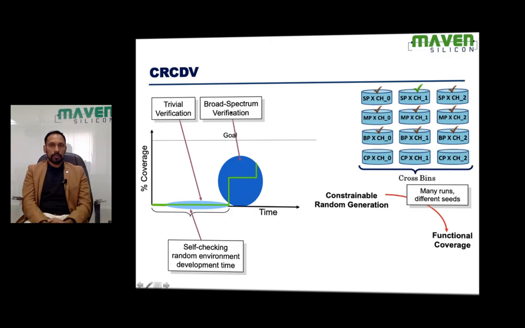In broad spectrum verification, we try to reach as much as possible, and most of the bins will be covered. The focus will be more on randomizing the stimulus, so we run the test case with different seed values. That's how we generate different kinds of random packets.